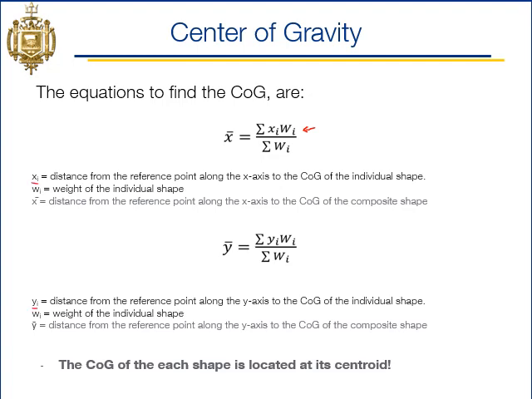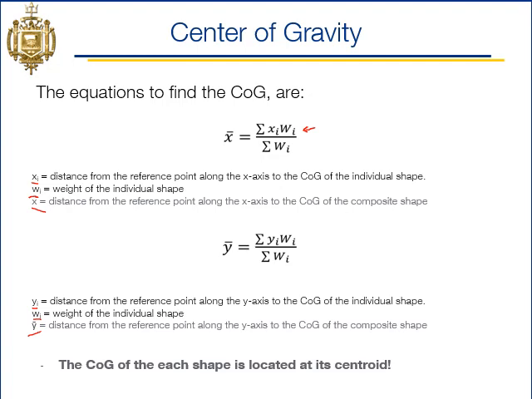So that's going to be the distance from our reference point along the x or y axis to the center of gravity of each individual shape. And then wi is just the weight of the individual shape. And then x bar and y bar, that is going to be the distance from the reference point to the center of gravity in either the x or y direction of the whole composite shape.